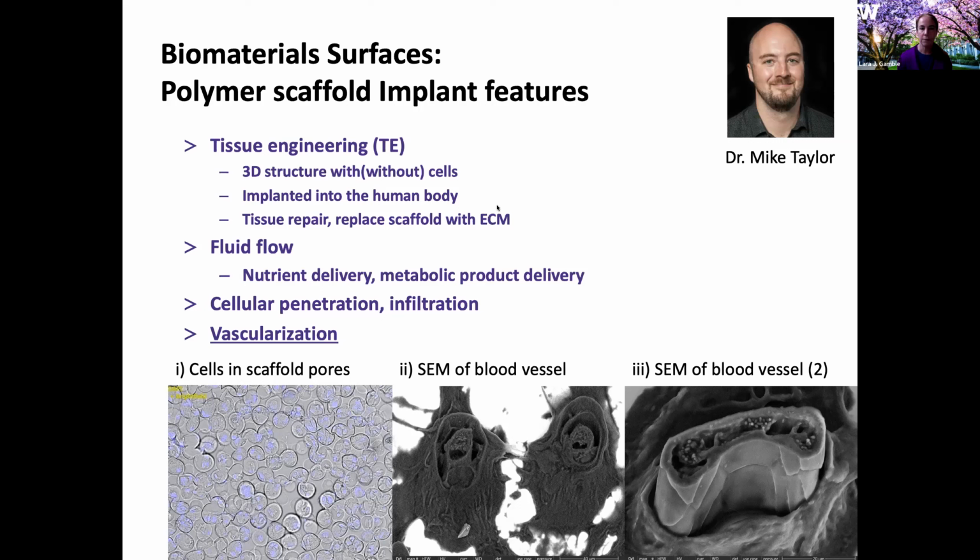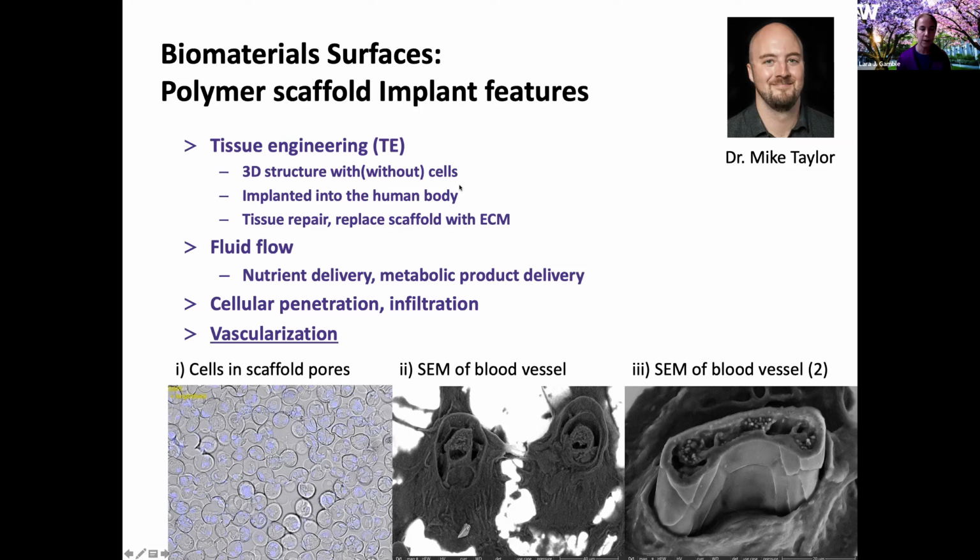And while I've shown so far TOF-SIMS of relatively flat surfaces, the DNA microarrays, and even the nanoparticles are just little nanoparticles that we put on a flat surface, a polymer scaffold can actually have a lot of three-dimensional structure in it, and it can be very difficult to analyze with surface analysis.